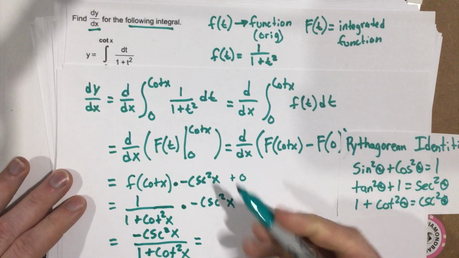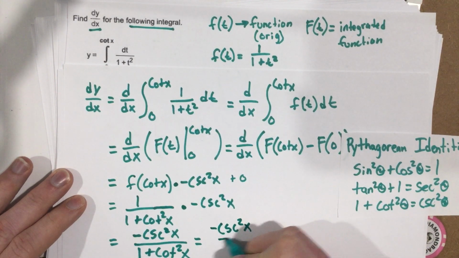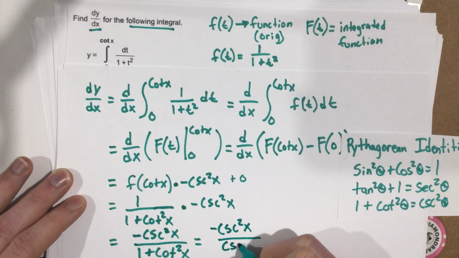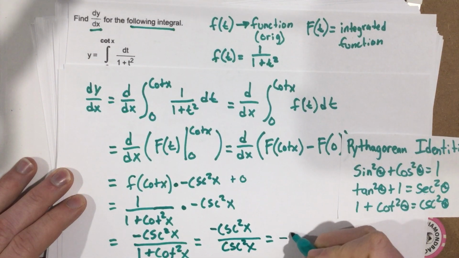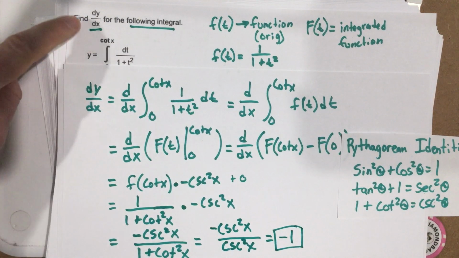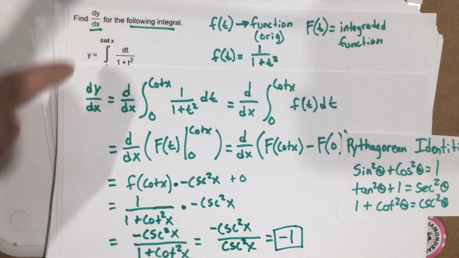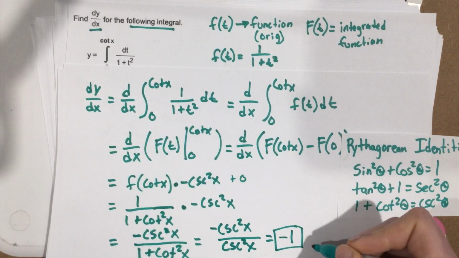So I can now write that as negative cosecant squared x over cosecant squared x. So these two things cancel, and I'm left with negative 1. So my derivative of the original integral is negative 1.